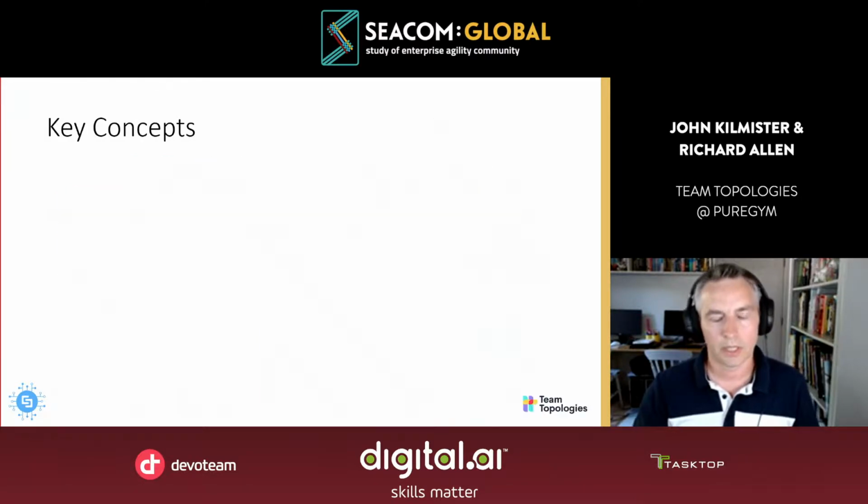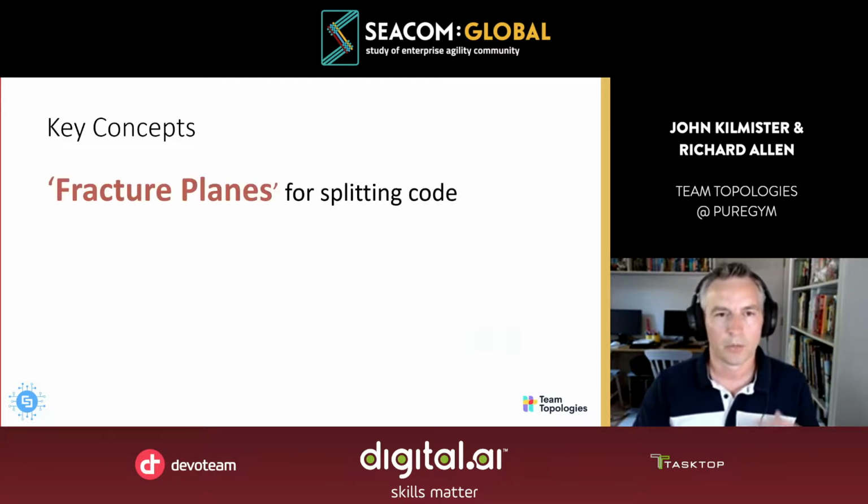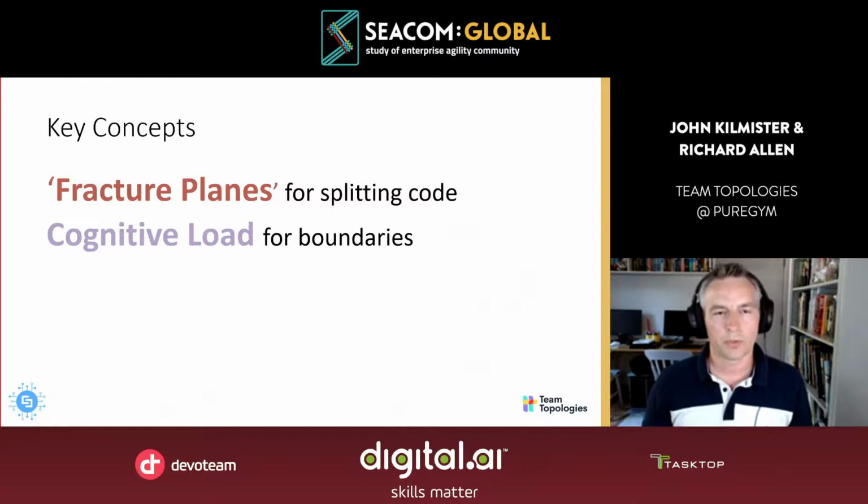So just as a recap of the concepts that we used from Team Topologies, we used fracture planes to look at how we could potentially split the code. We made sure that we took into account cognitive load when thinking about the team boundaries and what parts of the code each team should own.